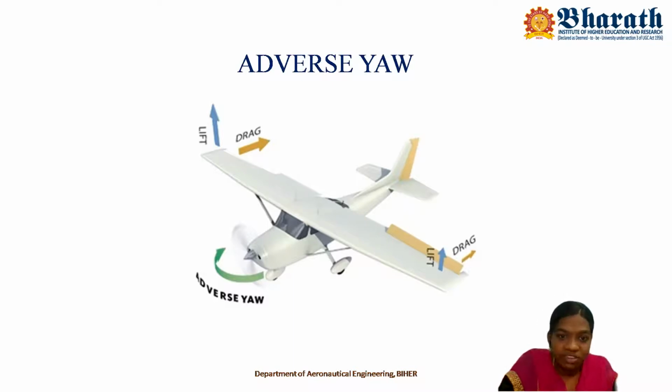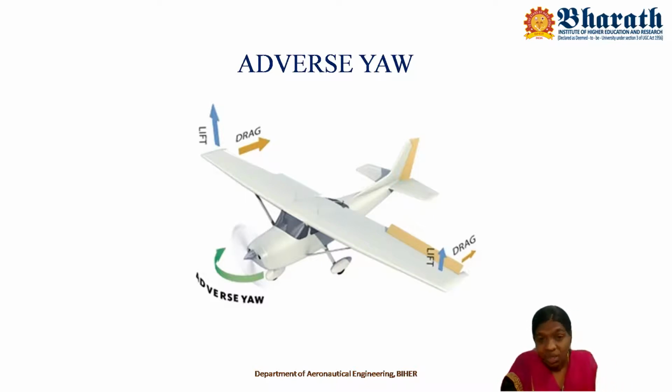Now look at this lift and drag. The magnitude of the arrow marks indicates the value of the lift and the drag. Here the lift on the right wing is higher than on the left one, because of this pressure distribution. So the wing with less lift will move down, and the right wing is rolling downwards.